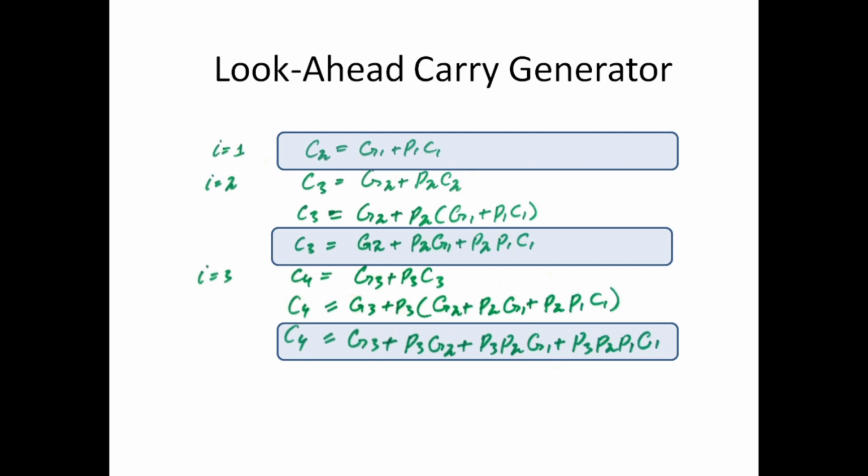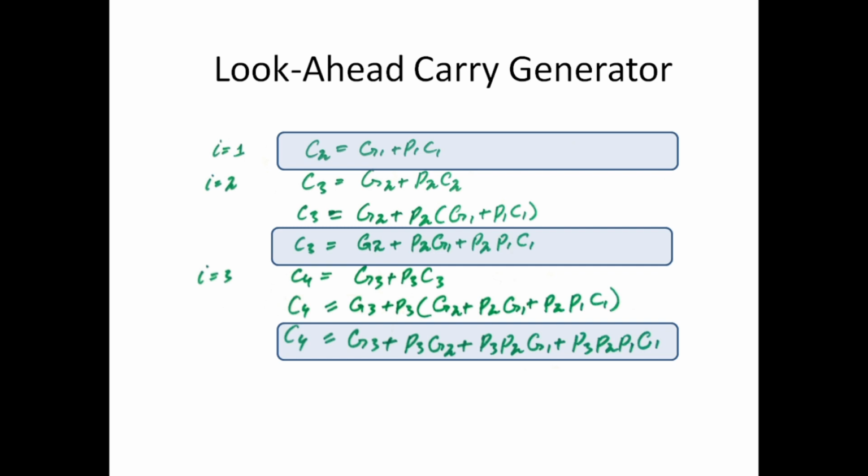There is one important thing to note about these three equations. We have only C1 in all of them, and none of the equations is dependent on another carry except C1.